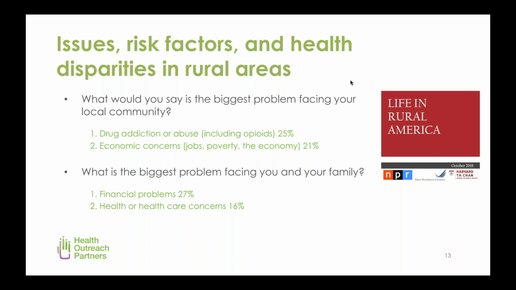So the biggest problems facing local communities were reported to be drug addiction and abuse, and this included the opioids, at 25%. Also economic concerns, so jobs, poverty, and the economy, at 21%. These were the top issues that were identified. And then facing families and individuals, financial problems, as well as health and healthcare concerns, were the top problems facing individuals and their families.